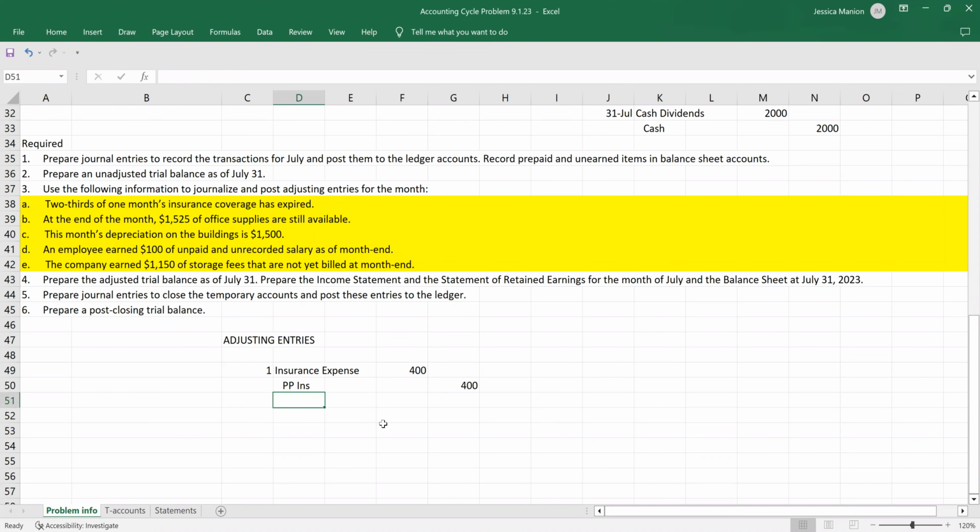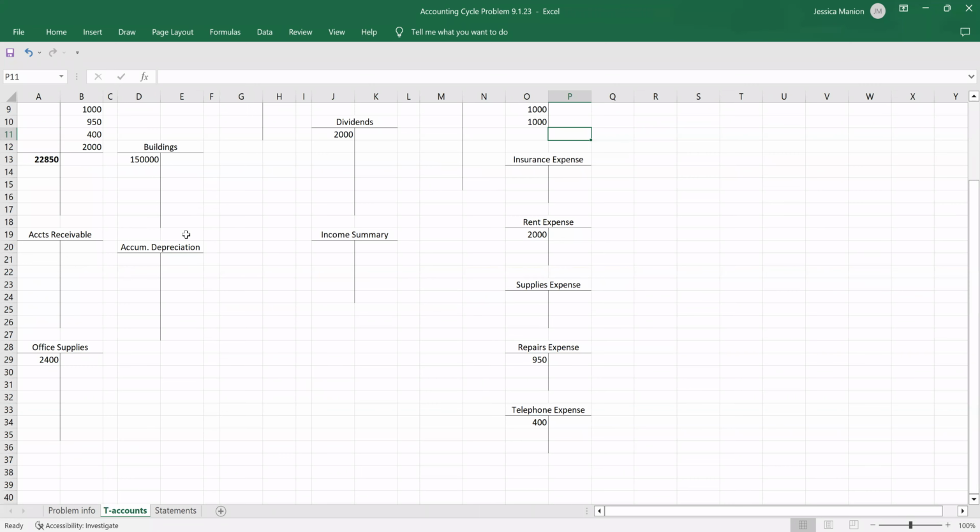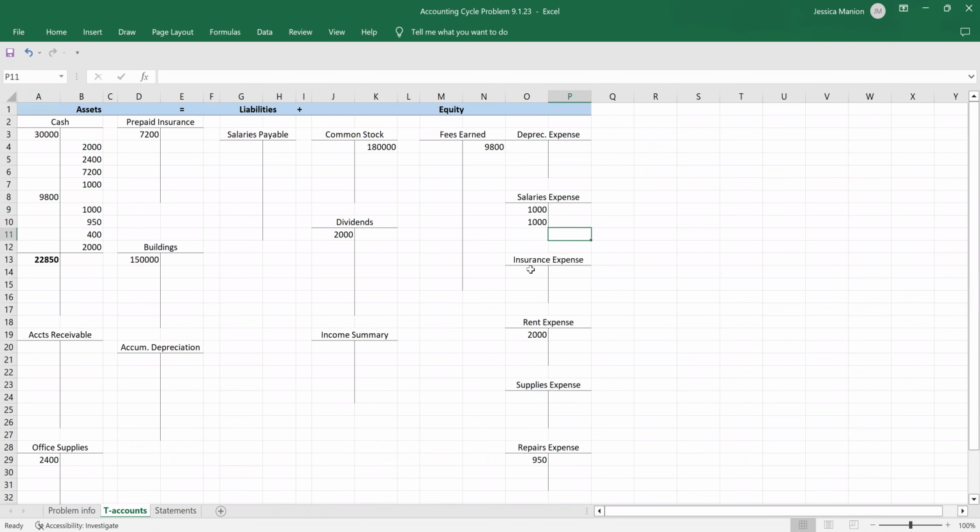And just like with our normal journal entries that we did for the July transactions, we want to just post these as we're going. So we've got a debit to insurance expense, a credit to prepaid insurance. Here's our insurance expense, debit to insurance expense, credit to prepaid.